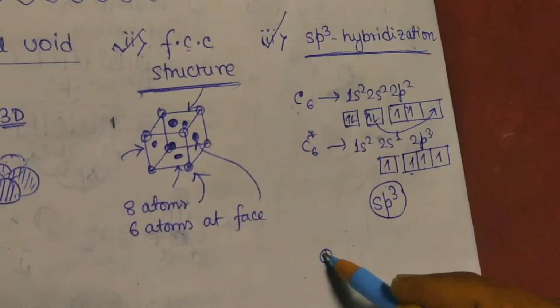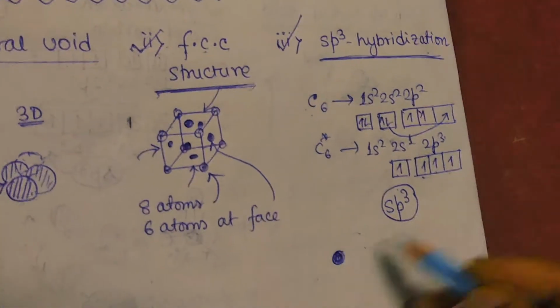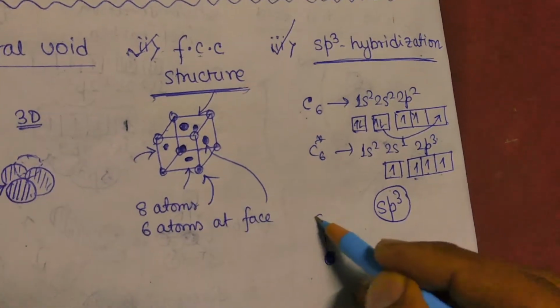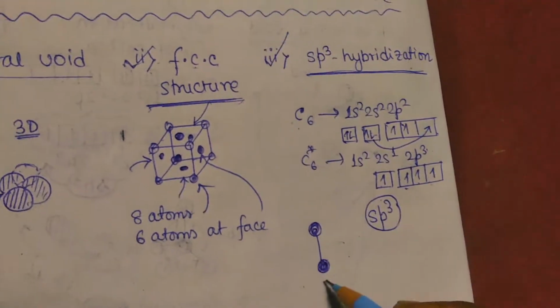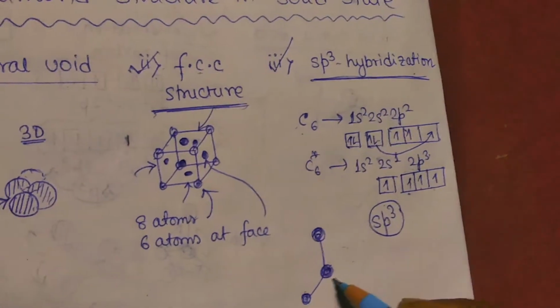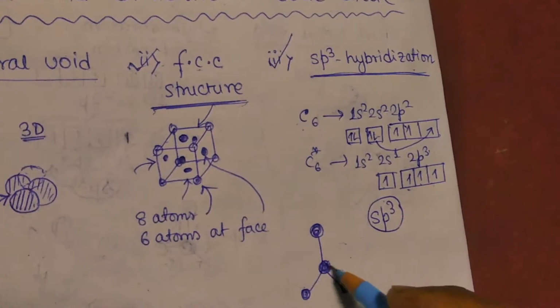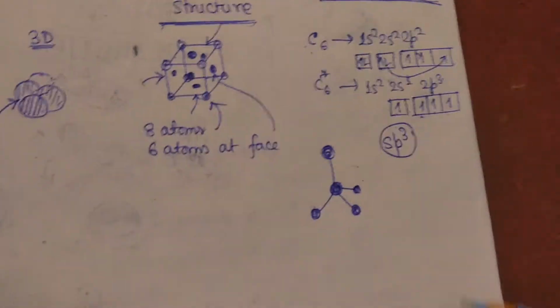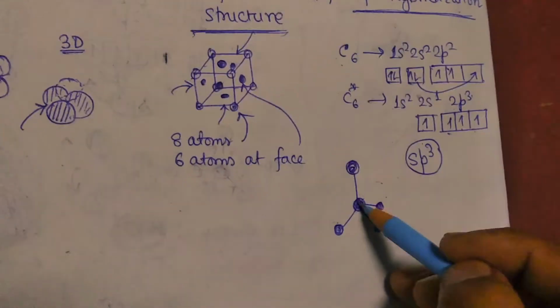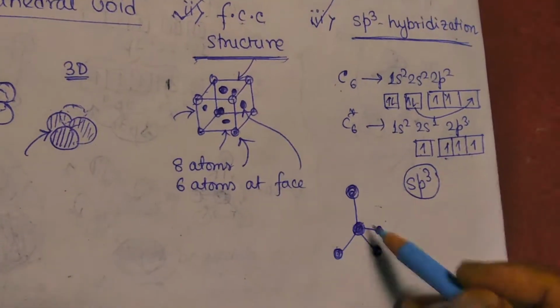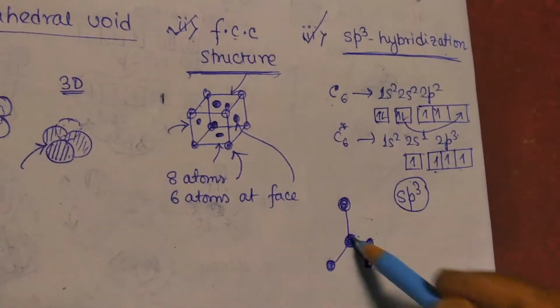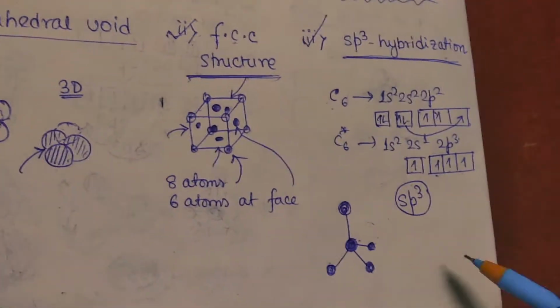So if we consider a carbon atom, the sp3 is this structure. One carbon atom is connected in four directions, like the four hands of it.